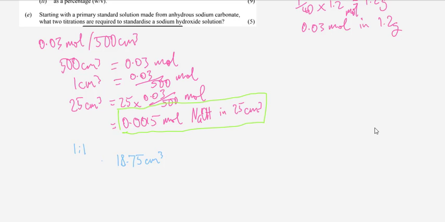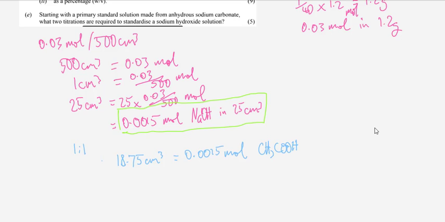In 18.75 centimeters cubed, there are 0.0015 moles of ethanoic acid.